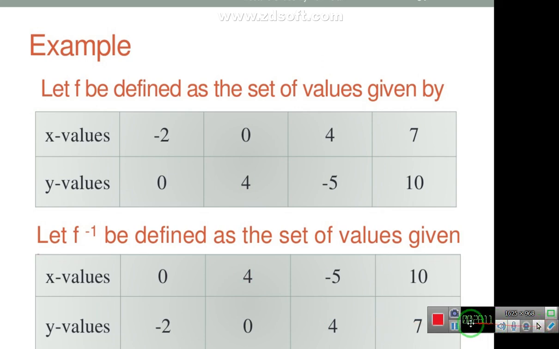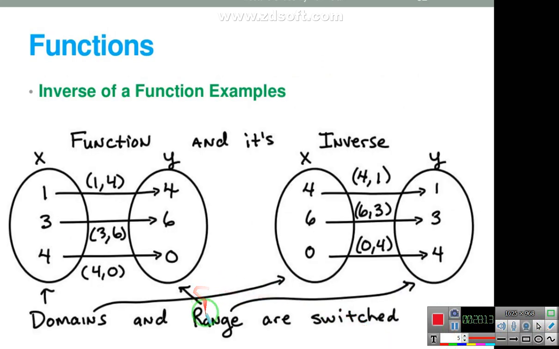In this diagram, this was the x values and this was the y values. The inverse of this function will be the opposite, just rotate it by 180 degrees. Now this is x and this is y, so this is called the inverse function. The domain of this will be the range of the inverse, and the range of this will be the domain of the inverse.